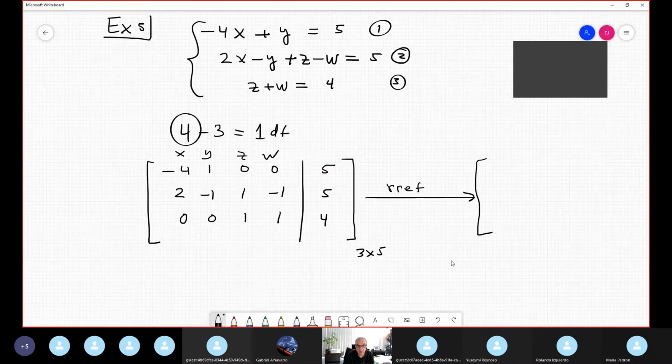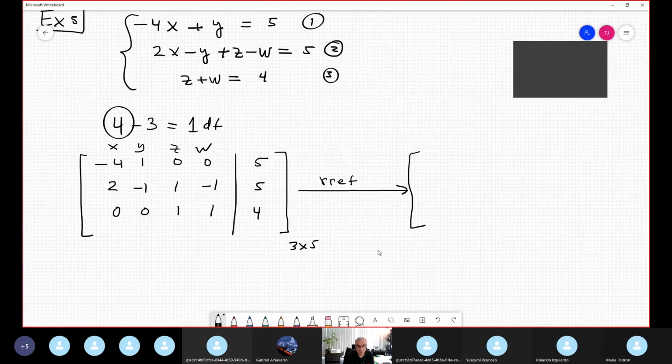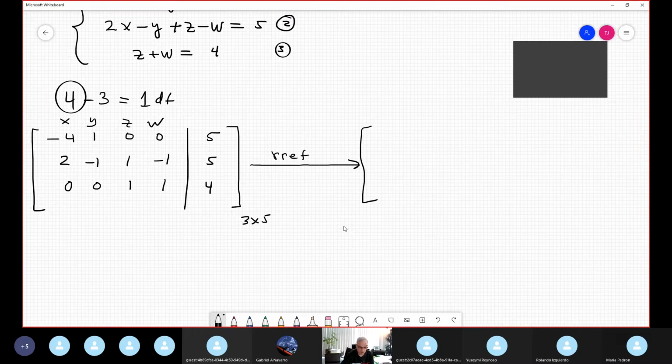Okay, the answer I get was 1, 1, and 1. It's the famous identity matrix. Now this is X column, Y column, Z column, and W column.